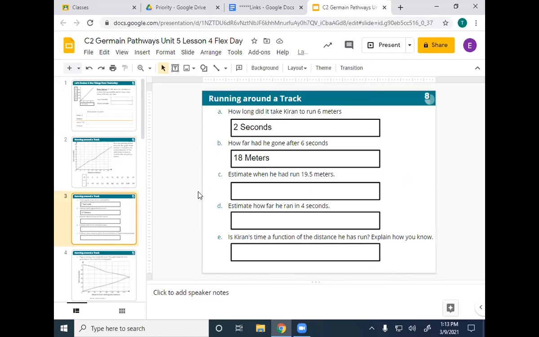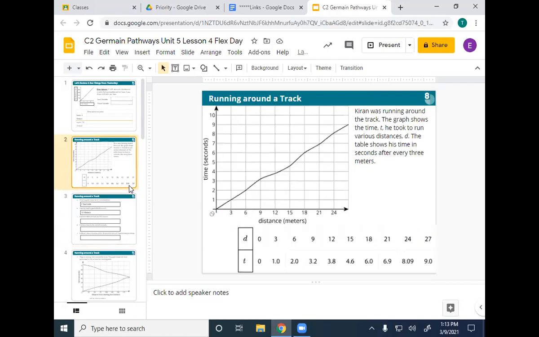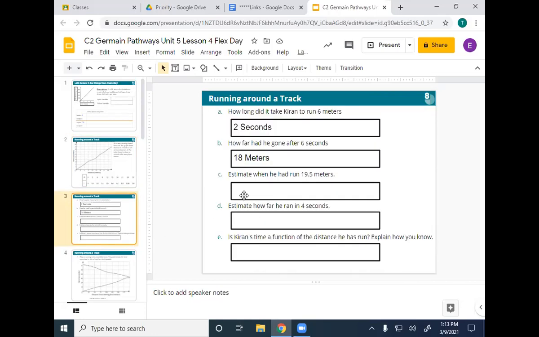Sorry. Okay, estimate now. So we're not going to get an exact value. So there's going to be a range here. Estimate when he ran 19.5 meters. Avery, help me out with this one. What did you use here first? I used the bottom table. I saw that 18 is like 6 seconds. And so then I just figured it would be 6.5. Okay, so she said 6.5 seconds.